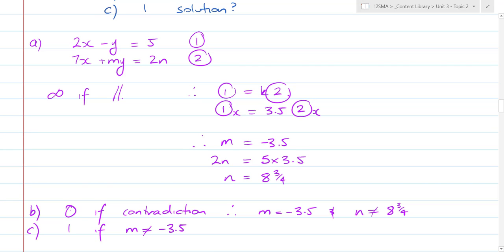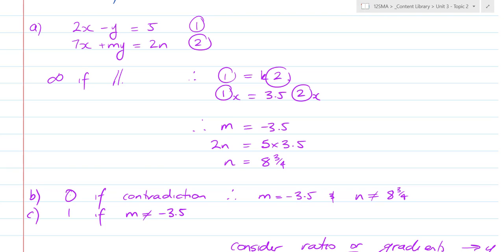So here I've said the infinite, if they're parallel to start with, equation 1 has to equal k times equation 2. So I'm dealing with this x value. To get from the x value in 1 to the x value in 2, I had to multiply by 3.5.